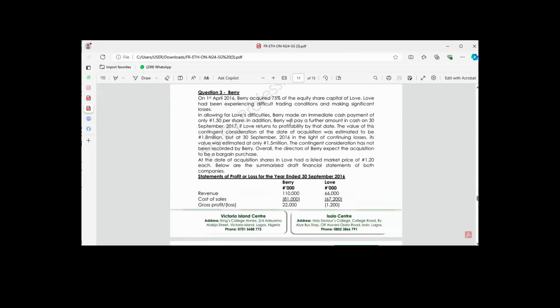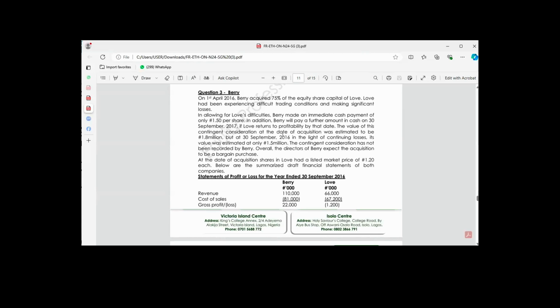In addition, Berry will pay a further amount in cash on 30th September 2017 if Love returns to profitability by that date. That is the condition. The value of this contingent consideration at the date of acquisition was estimated to be 1.8. I'll pay you 1.8 if you return to profits.